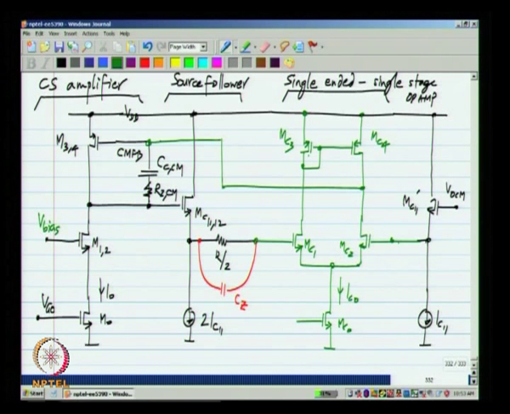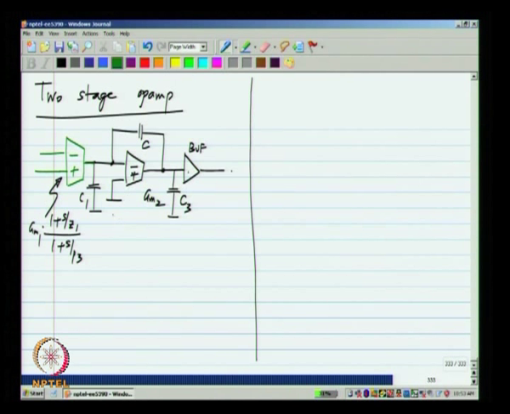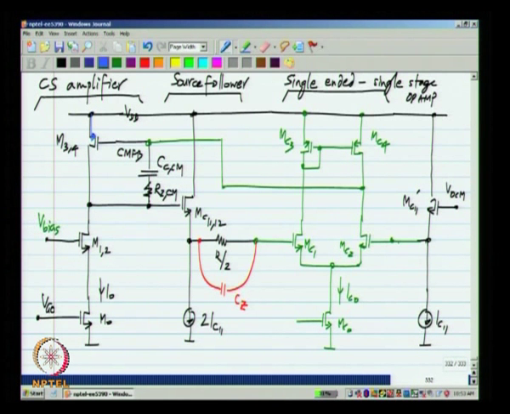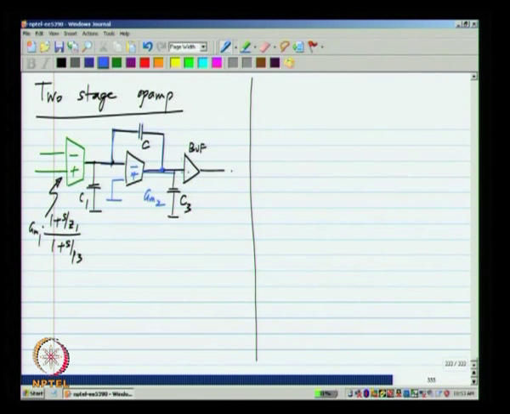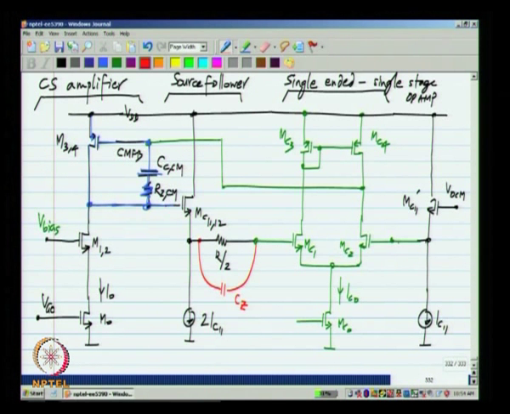So, that is the single ended single stage op amp, and this GM2 and the second stage corresponds to this M34 and this integrating capacitor, possibly with something that cancels the right half plane 0, and finally, this buffer is made using that.